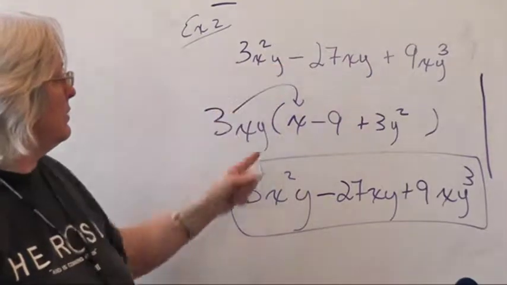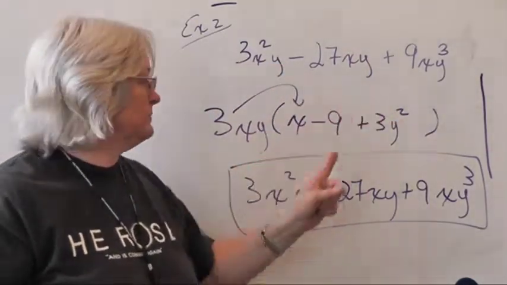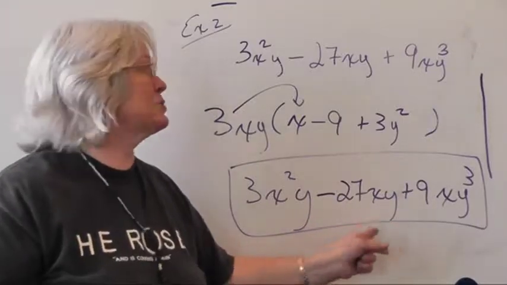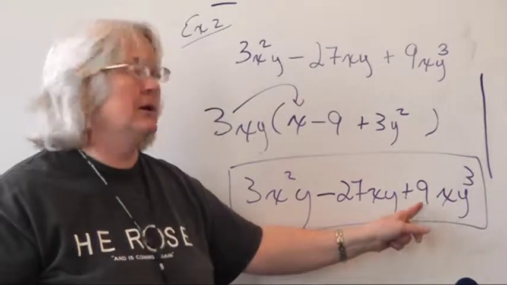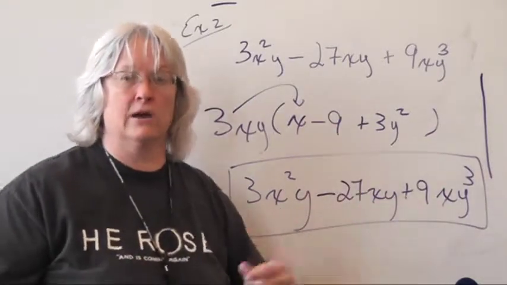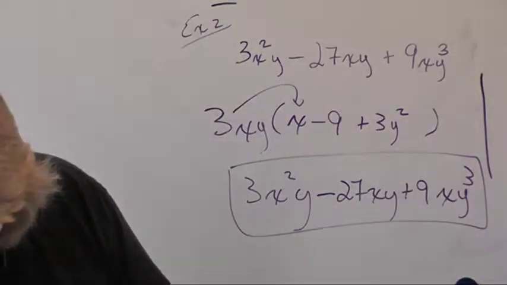And look, 3x squared y, minus 27xy, plus 9xy cubed. That's how you do monomial factoring, factoring out a common monomial.